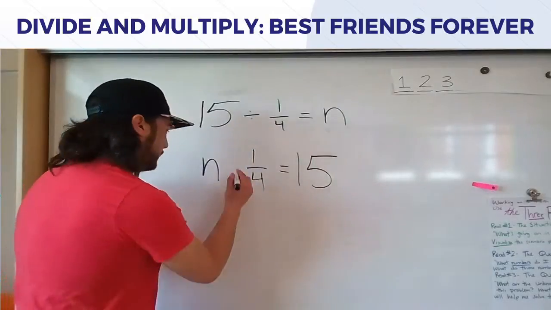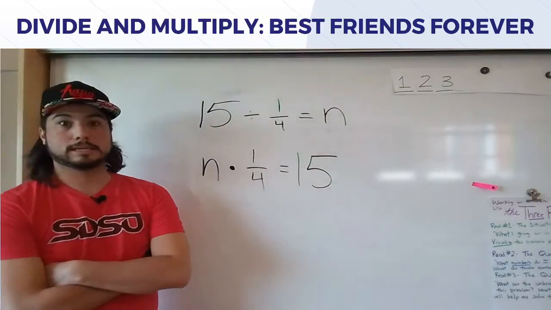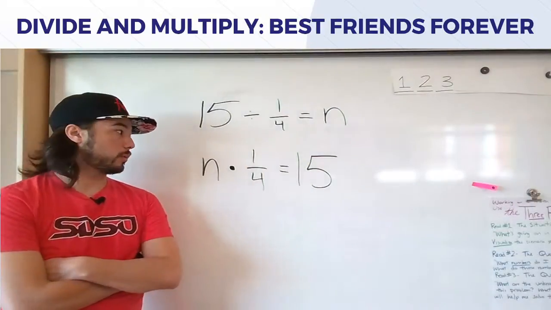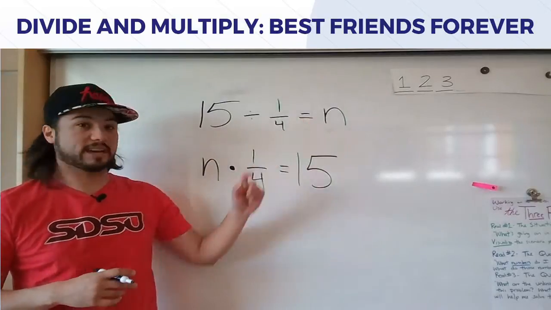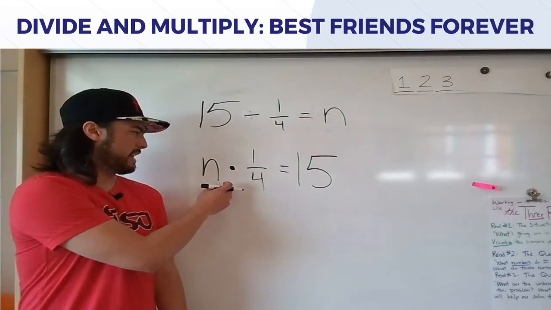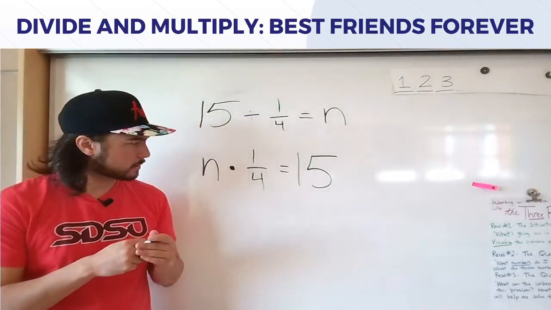I'm going to make sure to use that symbol as a dot and not an x, because when we're working with variables, what if this variable was 15 divided by 1/4 equals x? That's why we use the dot.